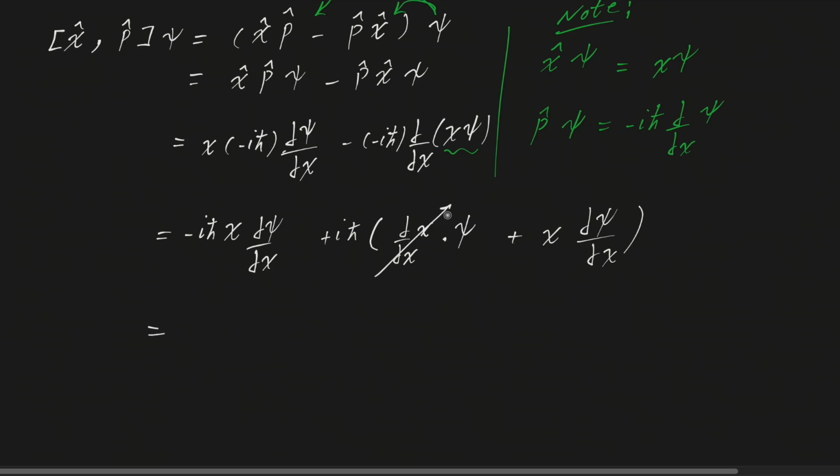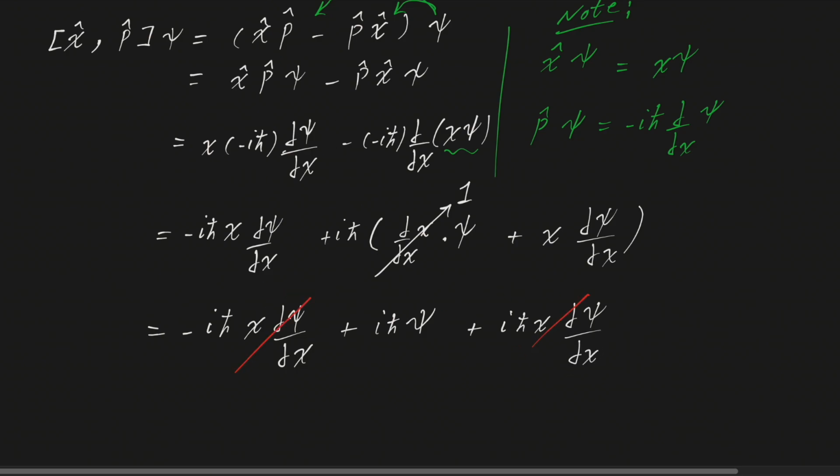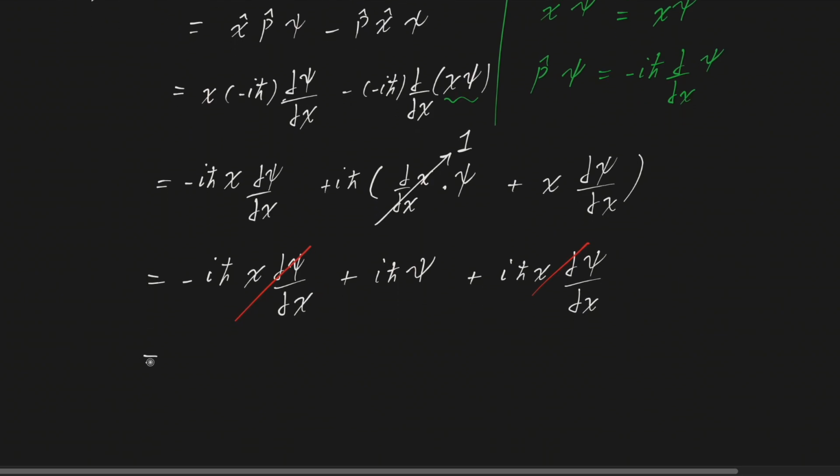Now, obviously also note that this derivative will equal 1, so we get minus i h bar x d psi by dx plus i h bar psi plus i h bar x d psi by dx. And we notice that these two terms cancel, and we're just left with i h bar psi.